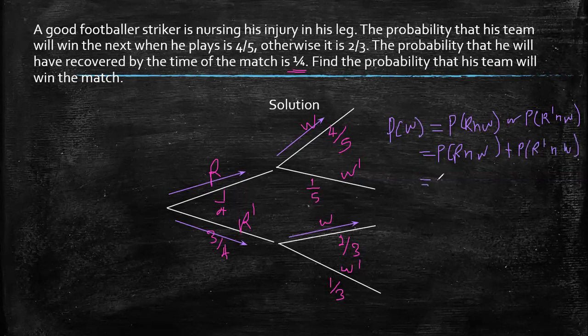Then we substitute. This is 1 out of 4 times 4 out of 5. Then we add 3 out of 4 times 2 out of 3. So this gives us 4 out of 20 plus 6 out of 12.